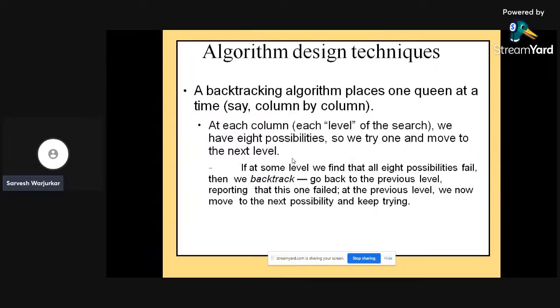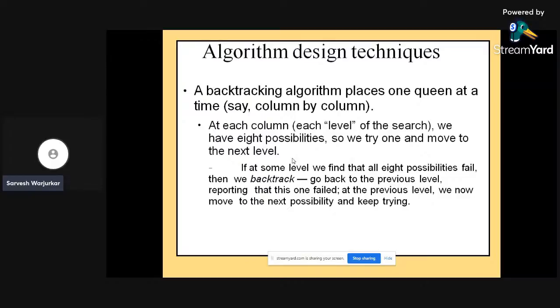If at some level we are unable to find a fit among all the eight possibilities, they might fail, then we backtrack. Go back to the previous level. If required, change the position at that previous level. If that also fails at the previous level, we move to the next possibility and keep trying until we get the final answer.